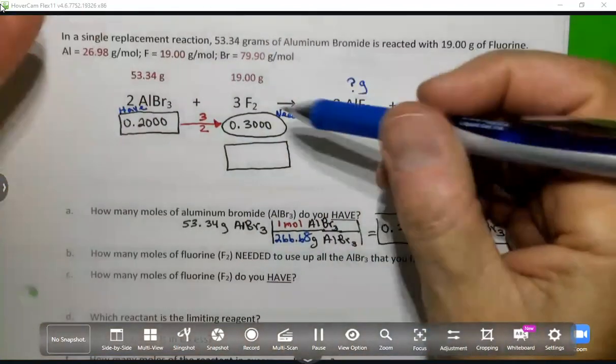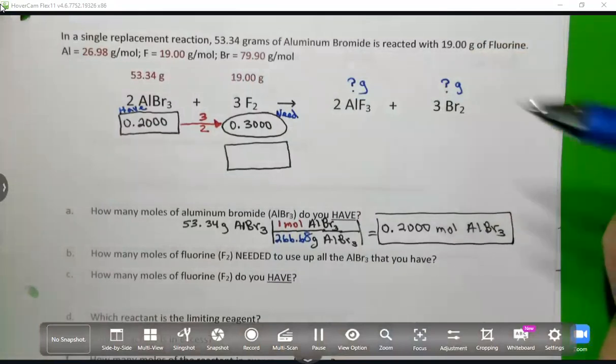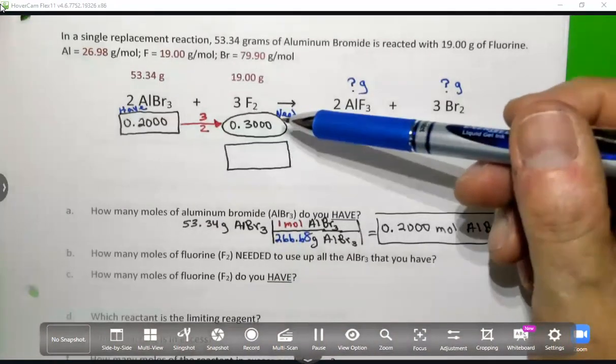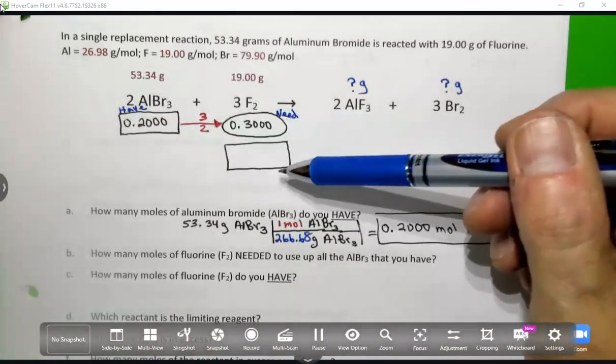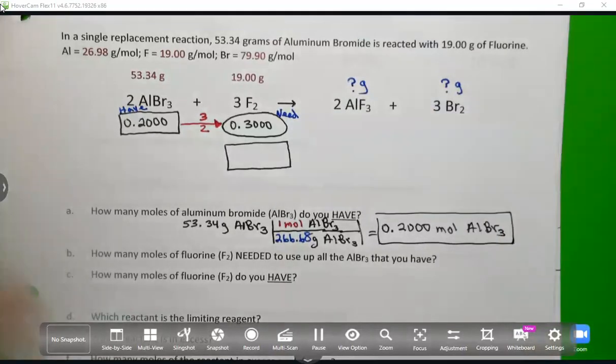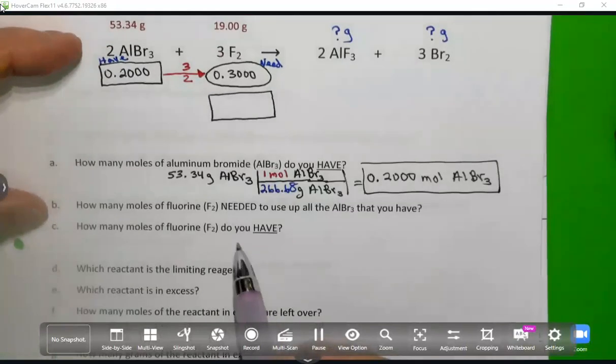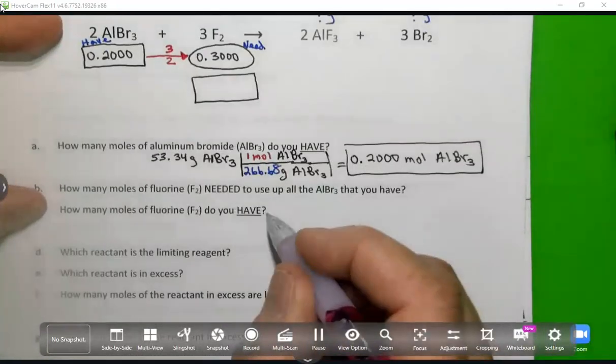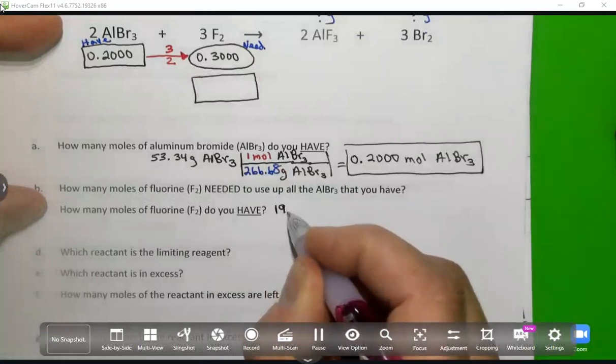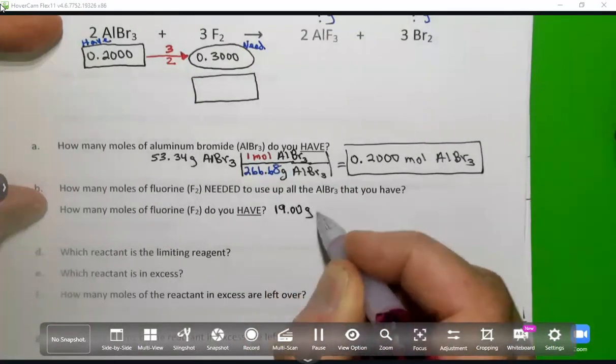Well, let's see. The next logical question should be in your head. Well, if that's how much I need, how much do I have? Right? So that's what we're going to do right down here in letter C. How many moles of fluorine do you have? Well, we have 19 grams.